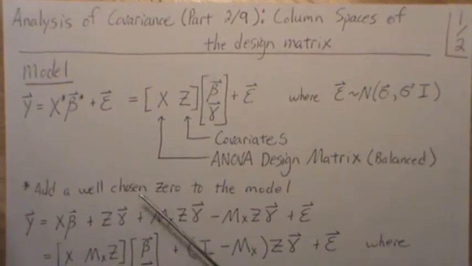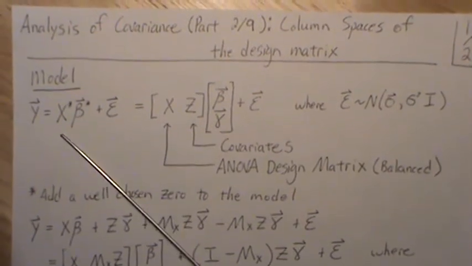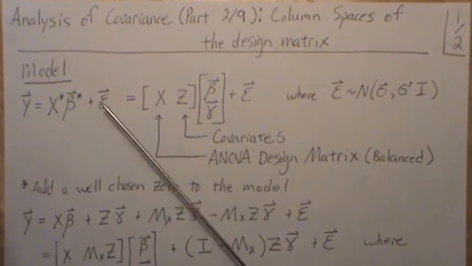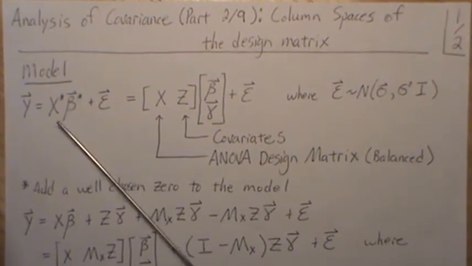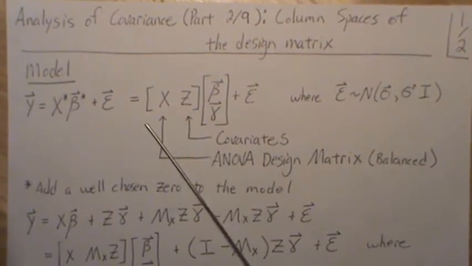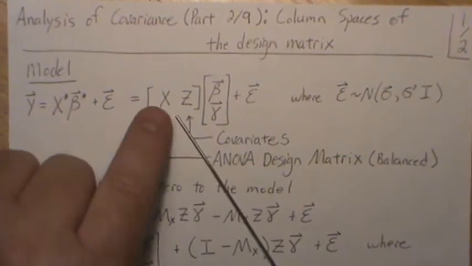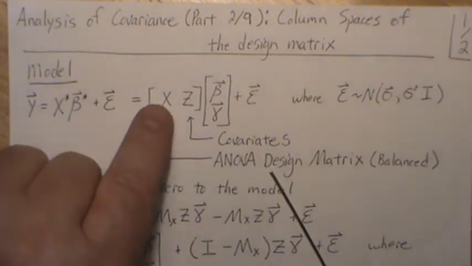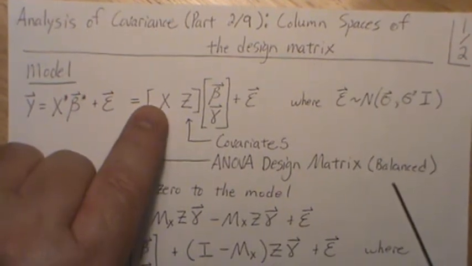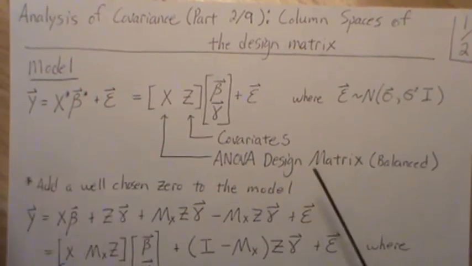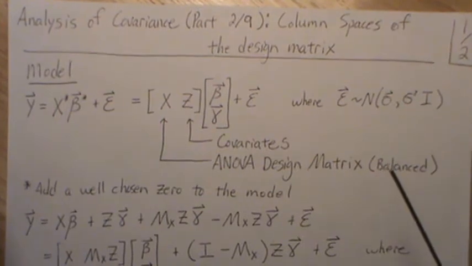Now, in part 1, we introduced the model, which was y equals x star beta star plus epsilon. So it is a general linear model. But then we partitioned this design matrix into what we call the ANOVA design part of it, in a balanced fashion, and the z is the regression aspect, or the covariance.